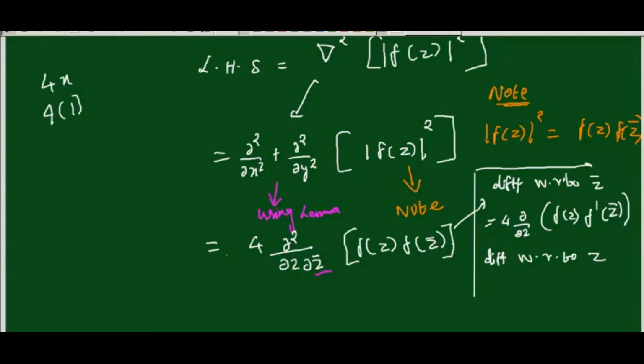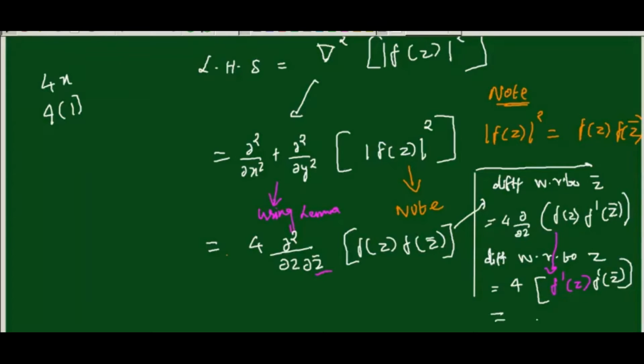The same procedure here: 4, keep f dash of z bar as it is, and the differentiation of f of z is f dash of z. So you get 4 times f dash of z into f dash of z bar. You understood the concept.